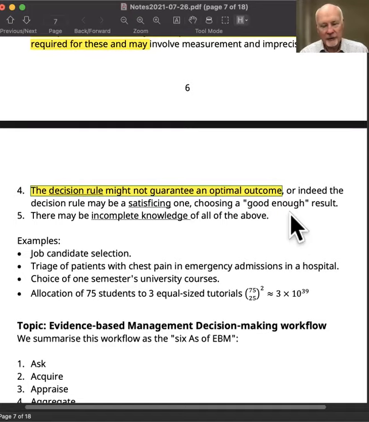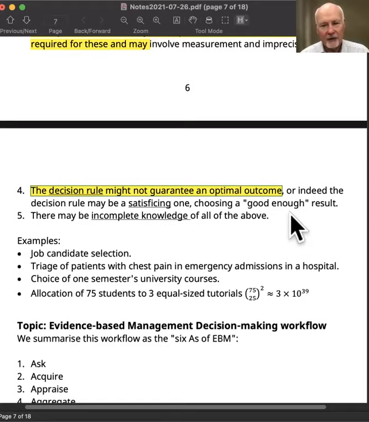So what we'll do is we'll set a threshold for what is good enough, and we'll start searching through the alternatives and examining the alternatives until we find one that's good enough. So that's a very common tactic that we use in decision making.